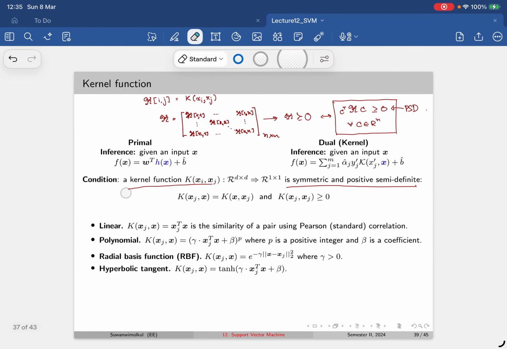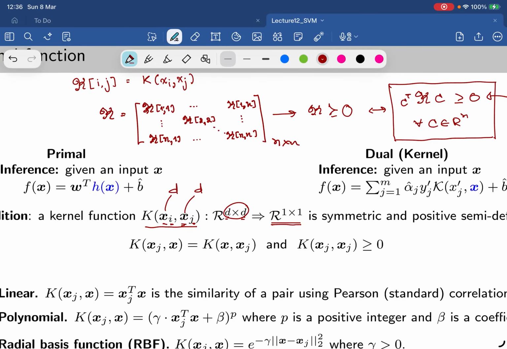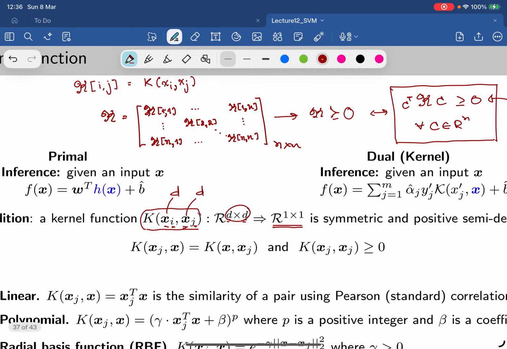What does it mean? We know that this kernel function maps from an input feature of n dimension, but in this case it's d dimension, and this kernel function takes an input feature of d dimension and another one of d dimension, so that's why we denote it as d times d, into a scalar value. But if we think of i and j as any samples in our training set, we may turn these kernel function values into a matrix.